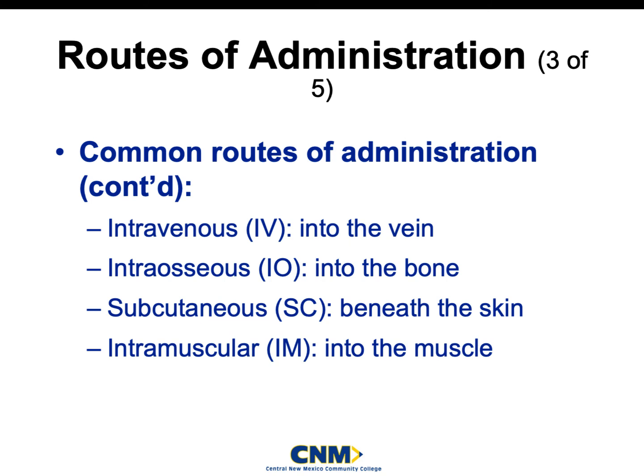Some problems with the IM injection: it could actually damage the muscle tissue of our patient. That's not something to really write home about, but it's something to keep in mind, specifically in some of our older patients, and we'll talk about that a little bit more.